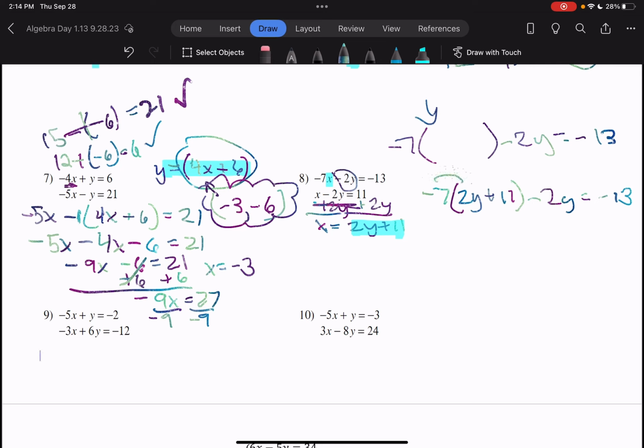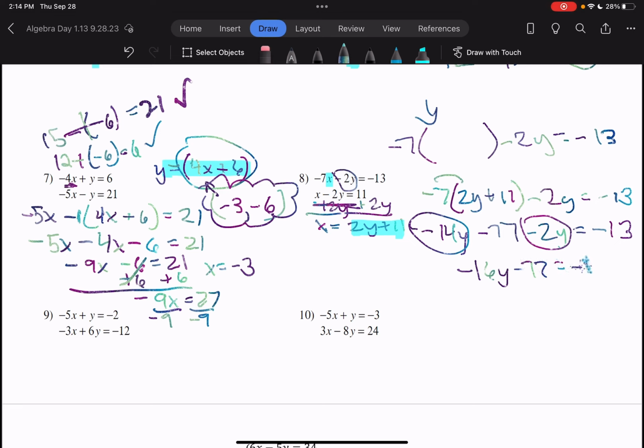All right, so I'm going to distribute this. Negative 7 times positive 2 is negative 14y. Negative 7 times positive 11 is negative 77. Minus 2y equals negative 13. I'm going to combine negative 14y and negative 2y to be negative 16y, minus 77 equals negative 13.